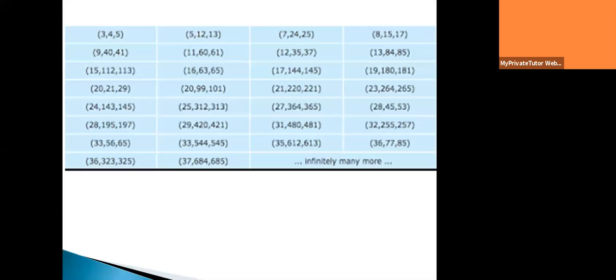Have a look at this. See, these numbers are the Pythagorean triples, okay? Which means all are A, comma B, comma C values. I don't think you guys need to concentrate much on this, but I will explain while doing questions, guys.